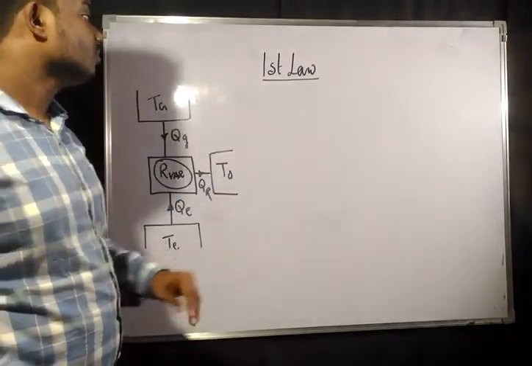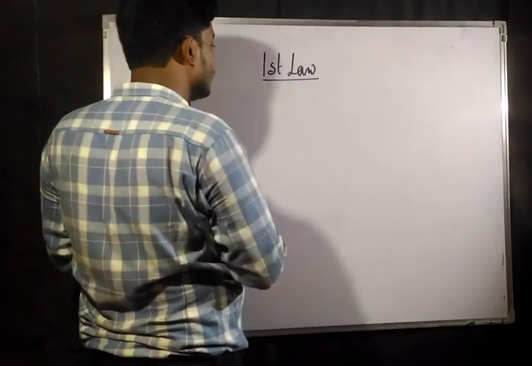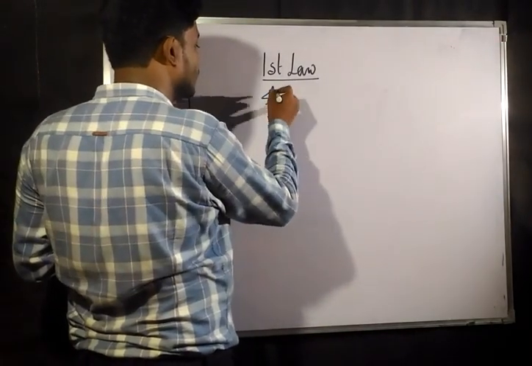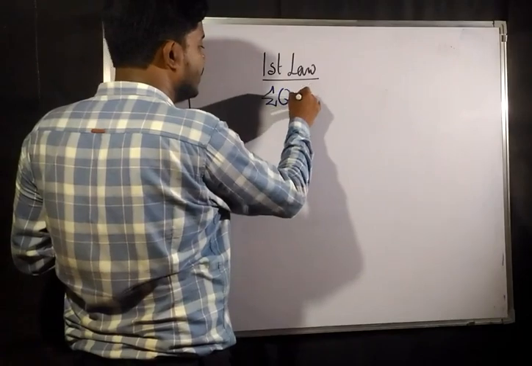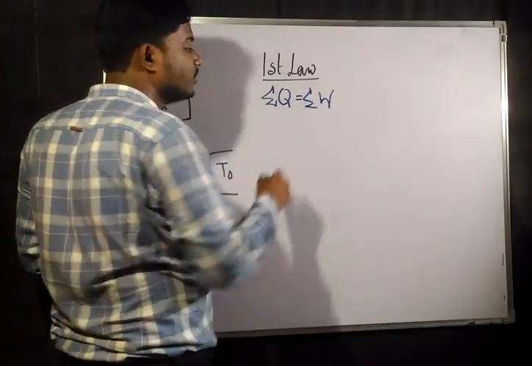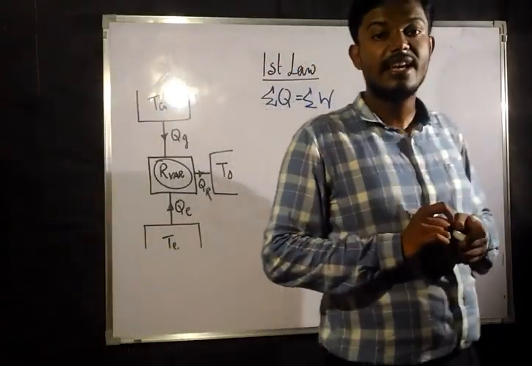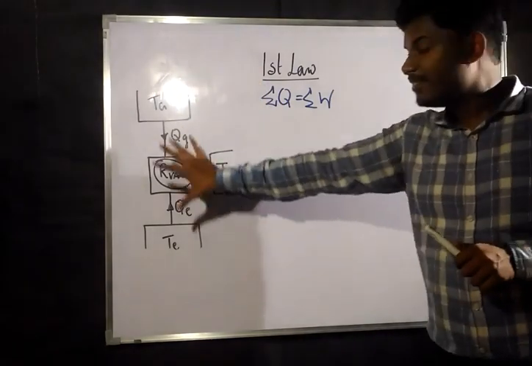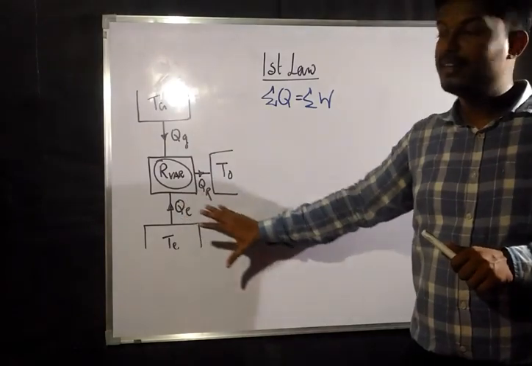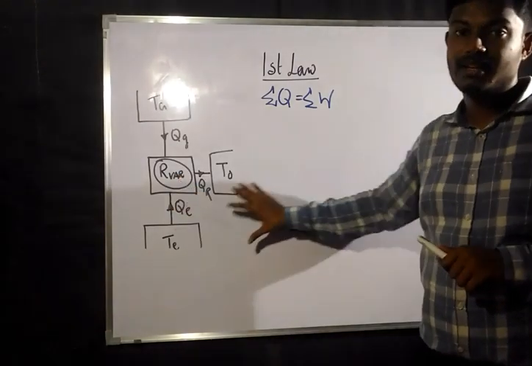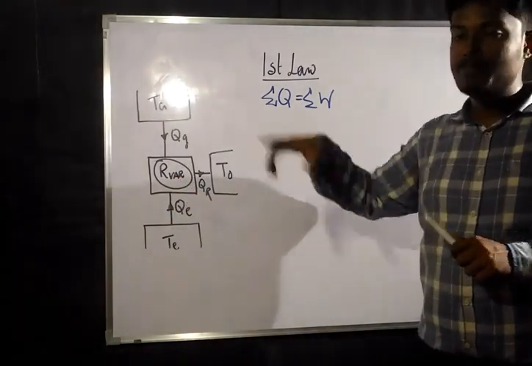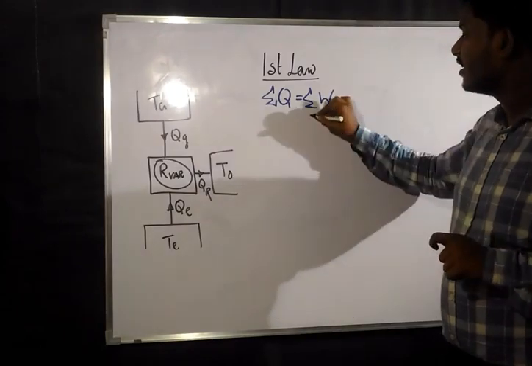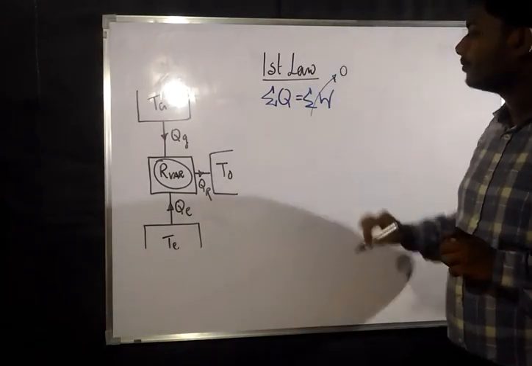Now if you want to see the first law, for a cycle the heat interaction is equal to the work interaction. Since in this cycle there is no work interaction, even if there is, the pump work is considered negligible, so you can write it as 0.